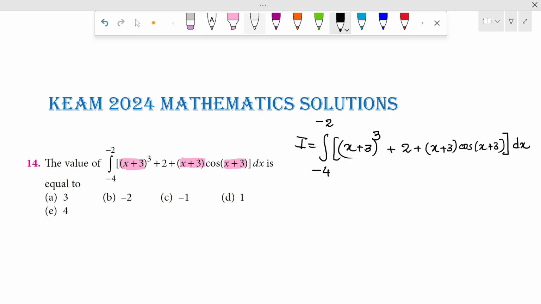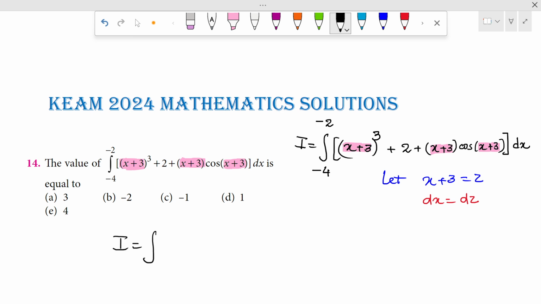Now, can I put this x plus 3 as z? Yes, I can do that. So let x plus 3 be z, and then if we differentiate, dx is equal to dz, right? So I can write the above integral as my integration.